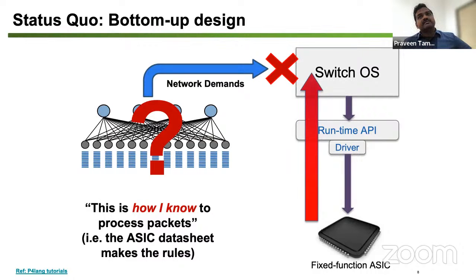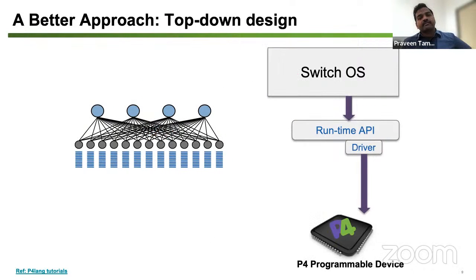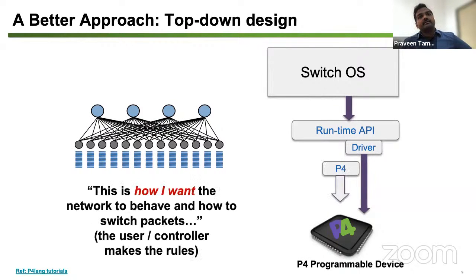P4 has followed a different design philosophy, a top-down approach, where you take what the network operators or network admins want and instruct the switch to process the packets the way the operators want, by programming the switching chip using the P4 programming language.